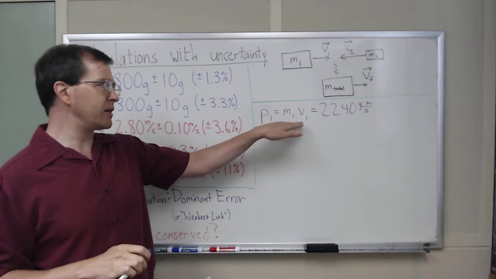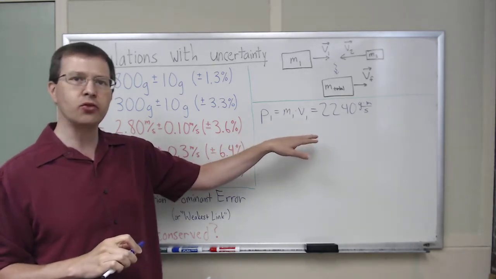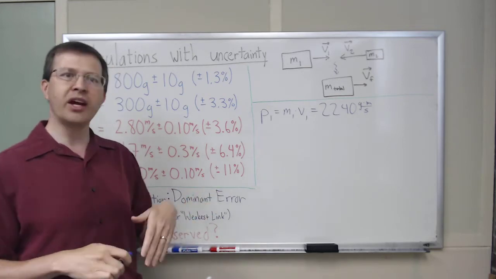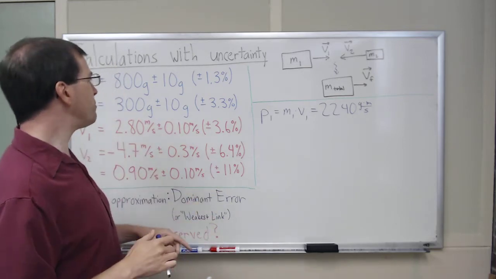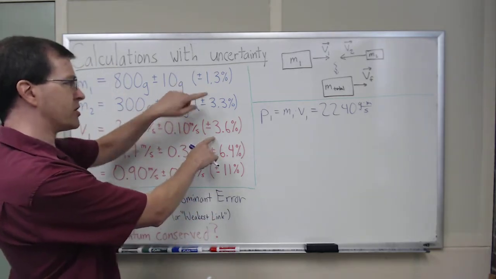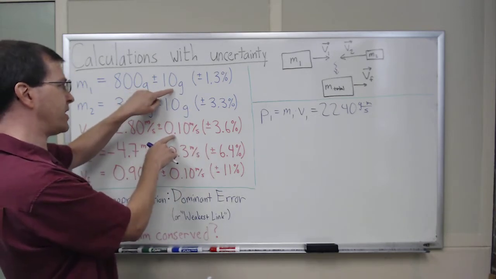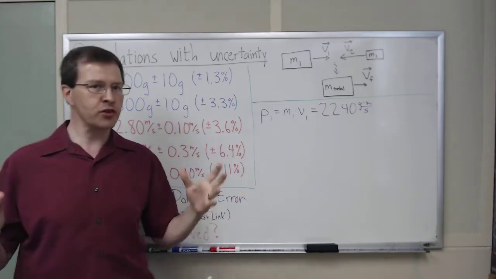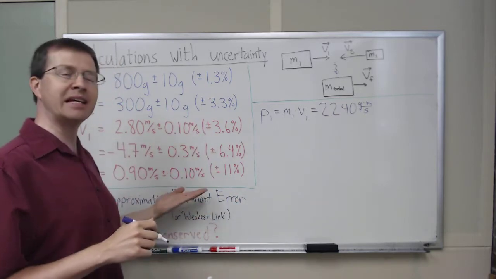In a previous video I talked about this: it's the product of the mass and the velocity, the product of two quantities, and when we multiply two quantities together, to get their uncertainty we compare their relative errors. We can't compare the absolute errors because they have different units, so we compare the relative errors. For simplicity in this video, I'm going to use the dominant error rule.